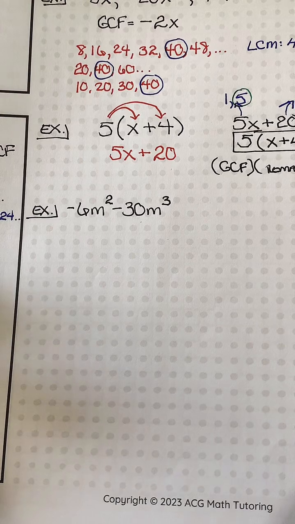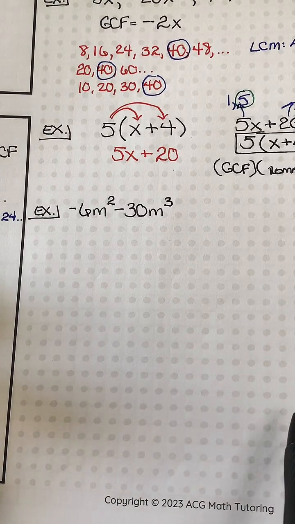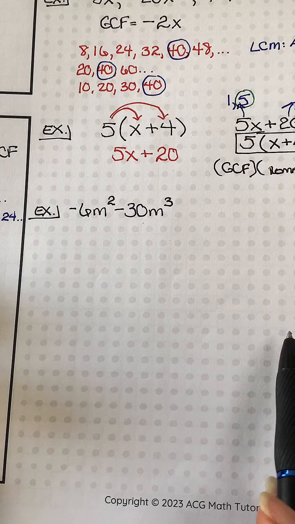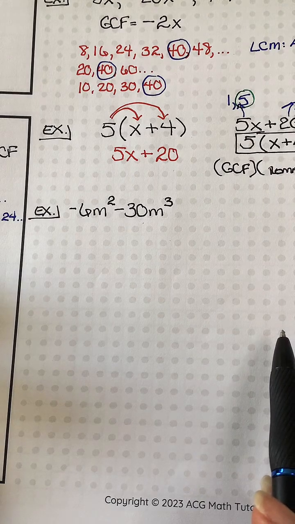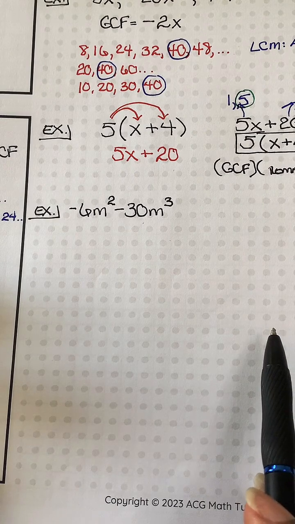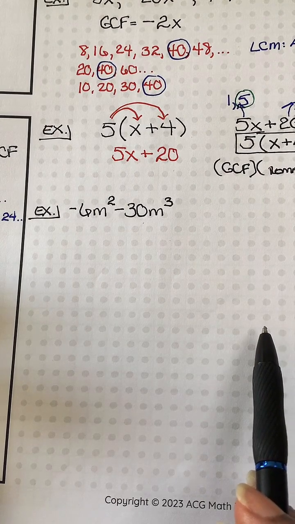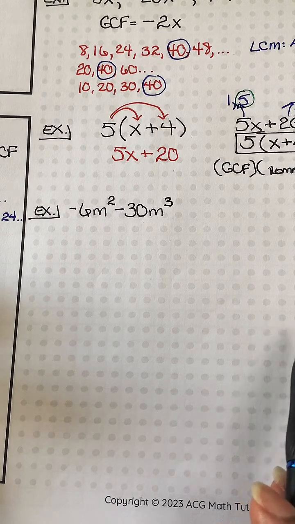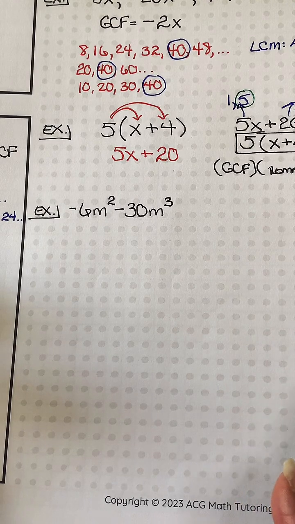All right. So, let's take a look. Pog is saying negative 6m squared. Big Al is saying negative 36m to the 5th.